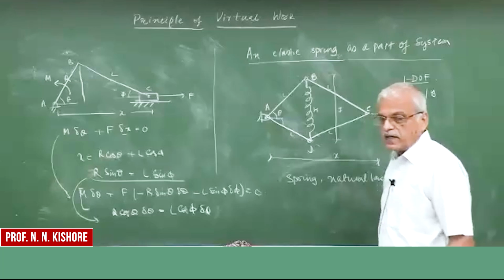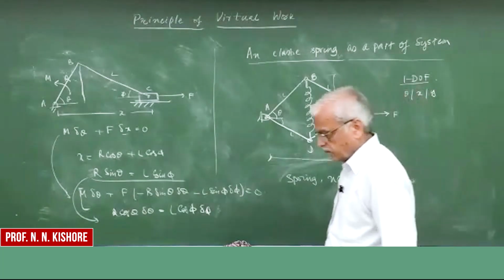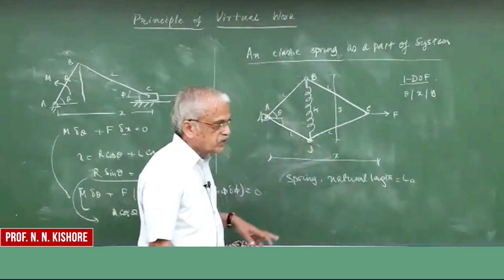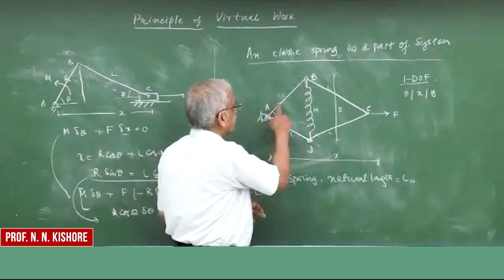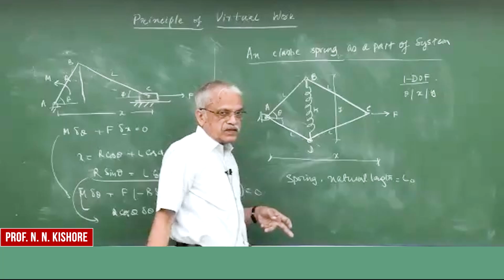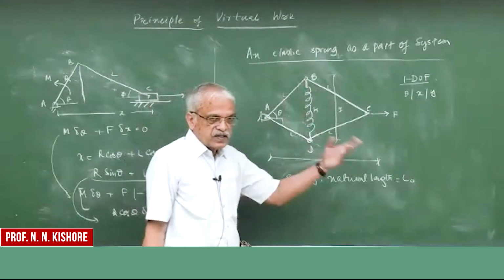Any one of them can be good enough to be a degree of freedom. So let us see how we solve here. These are 4 rigid links, but then there is one link here, which is a spring, which is elastic in nature. It's deformable.